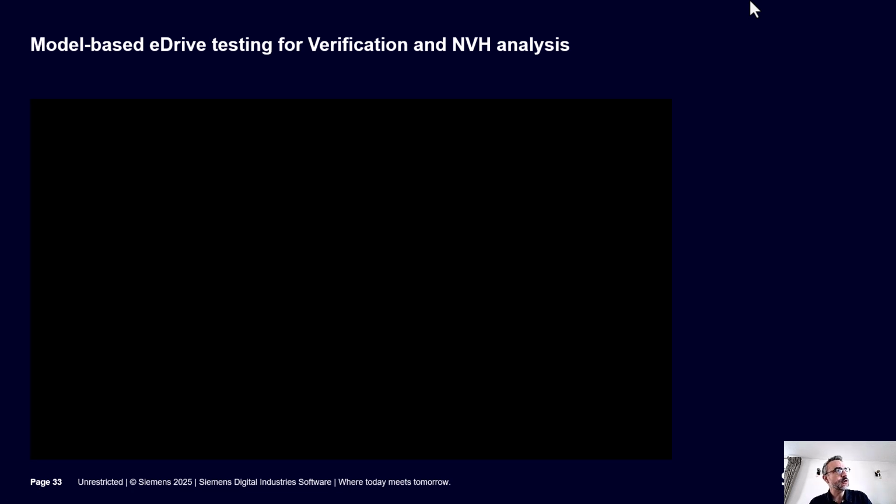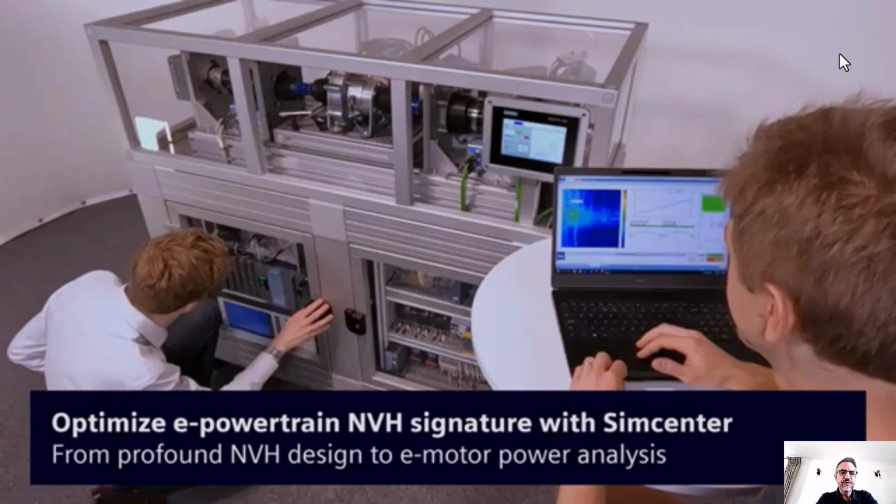We haven't talked a lot about testing so far, although testing is of course always considered and always very important along the full development cycle. So what we see here is a real intelligent testing setup or model-based NVH testing of an electric drive.